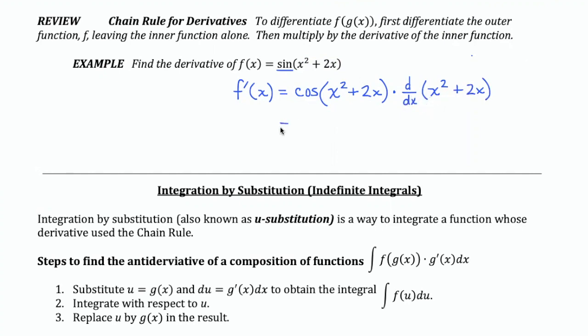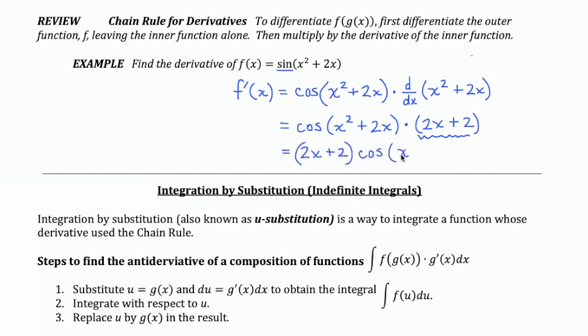Most often you would probably just go ahead and take that derivative. So the derivative of x squared is, of course, 2x using power rule. The derivative of 2x is 2. And that would be the correct derivative. Very often we pull this algebraic portion out in front. Okay, so that's just a quick recap of chain rule.